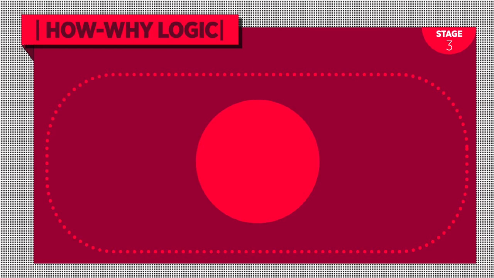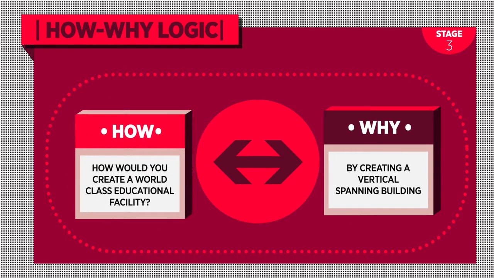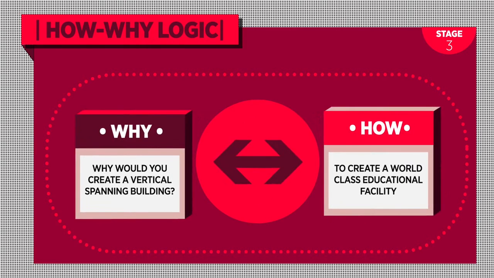How would you create a world-class educational facility? By creating a vertically spanning educational building. Conversely, why would you create a vertical spanning building? To create a world-class educational facility.